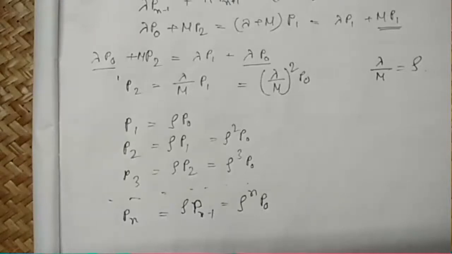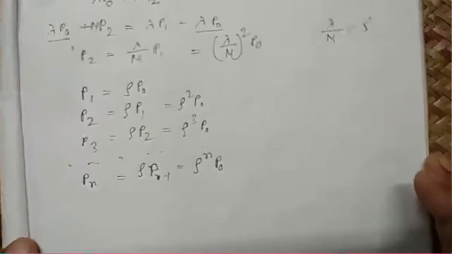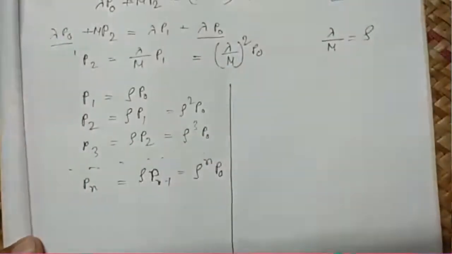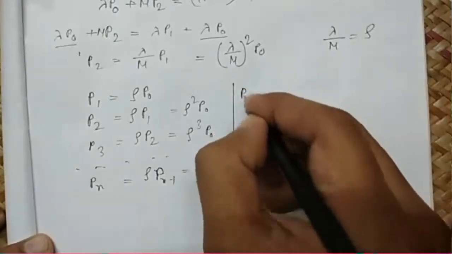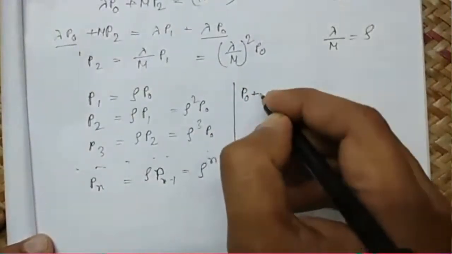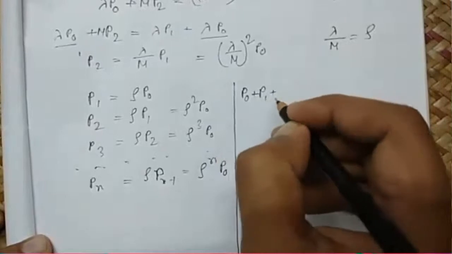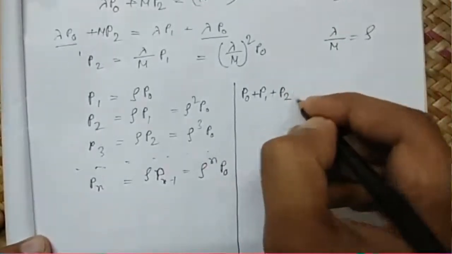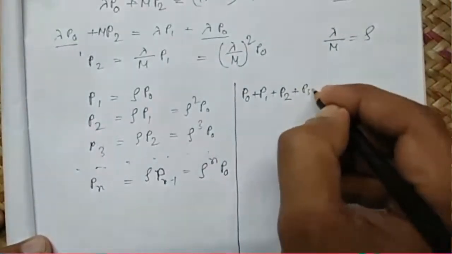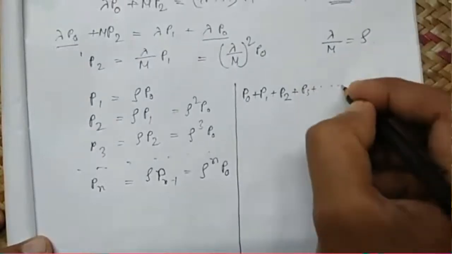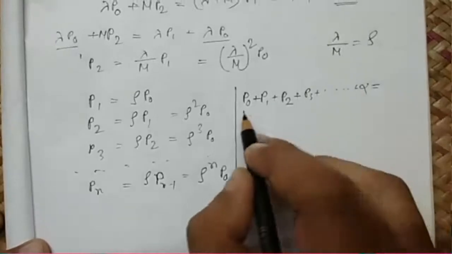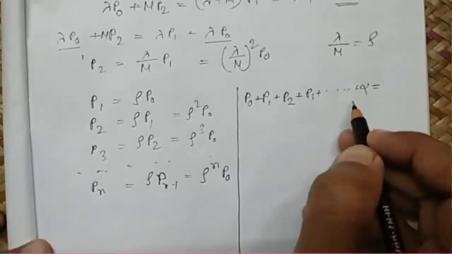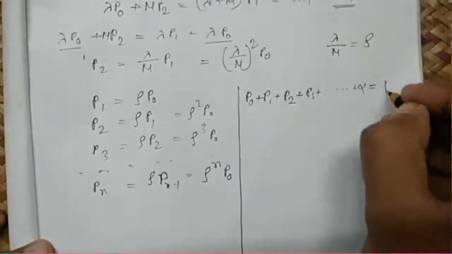So now we have very little time left, so let us complete another term over here. There is 0 number of persons in the system, plus there is P1 number of persons in the system, or P2, P3 number of persons in the system. Similarly, up to infinity persons can be in the system, and all their probabilities together will be 1.